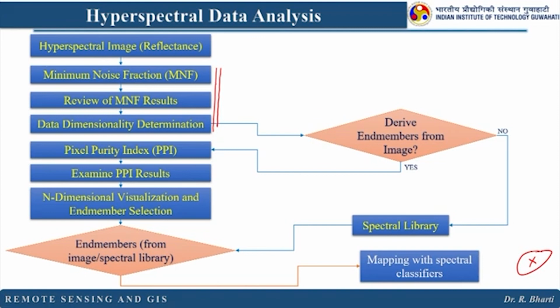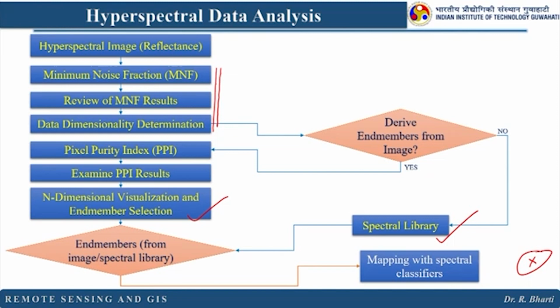Then we have two options. First one is to derive the end member from image. The second option is to use spectral library spectra as end member, right?